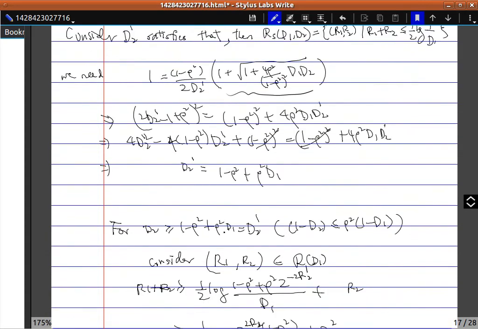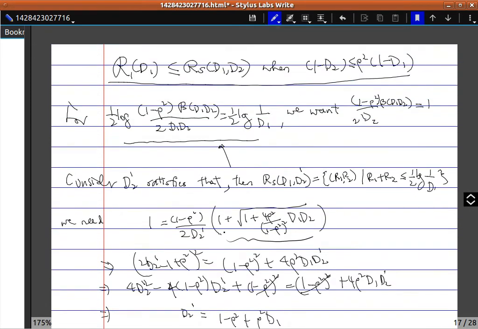And I guess I missed a little bit of a thing here. Oh, here I missed this thing here. Actually, we went through that, but I didn't emphasize that. So for this to be equal, the bound now will become 1/2 log 1 over d1, right? So therefore our R S D1 D2 pi is actually equal to this thing here.